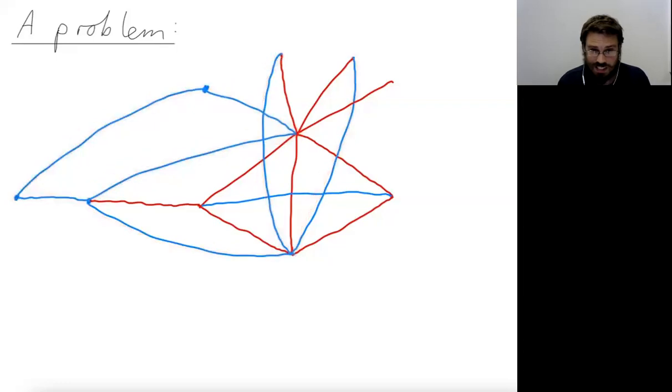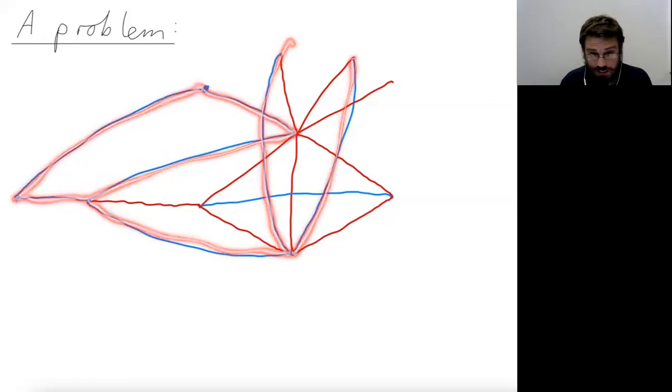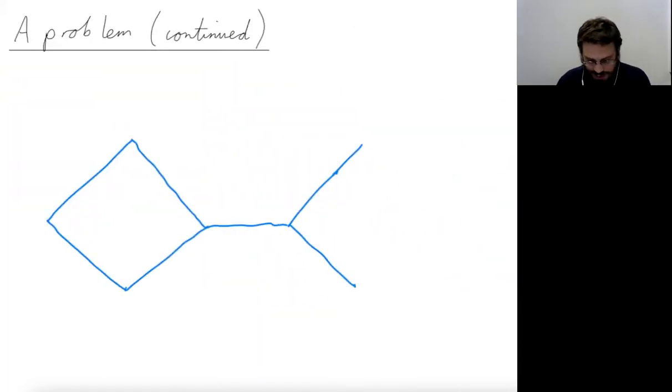So once again, the collection of edges belonging to the second player at this stage in the game consists of a square with an edge coming out of it and this forked tongue. Okay, so let's forget about the rest of the picture and just focus in. These are some edges that the second player has. And let's see how he can now win.